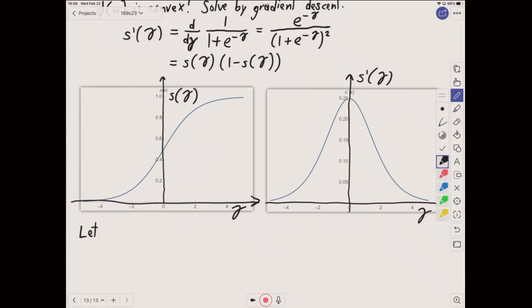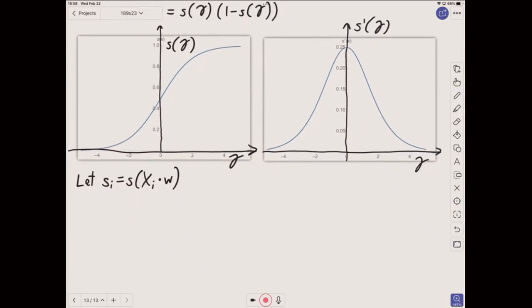So I want to now compute the gradient of our cost function J. For that purpose, it's a lot more pleasant to read if I use a little shorthand here. I'm going to use s subscript i as a shorthand for the logistic function applied to x_i dot w, so essentially, the predicted value at the point x_i.